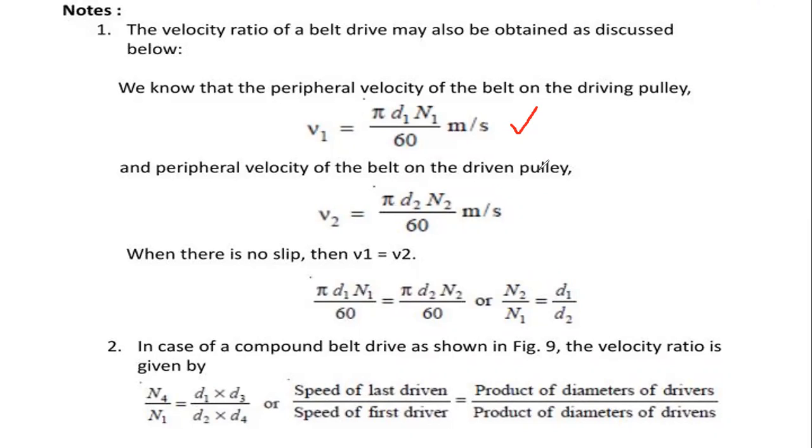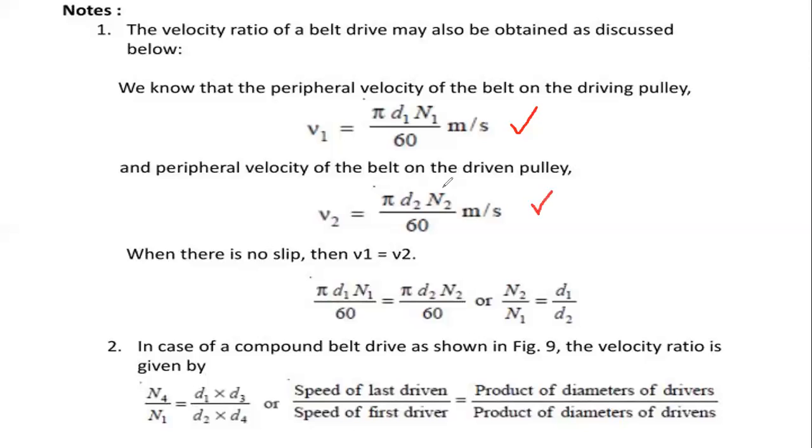Then the peripheral velocity of the belt on the driven pulley. So the peripheral velocity of the driven pulley can be taken as V2 is equal to pi into D2 into N2 by 60.